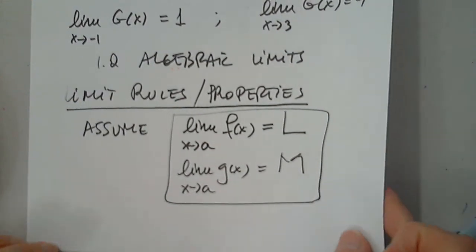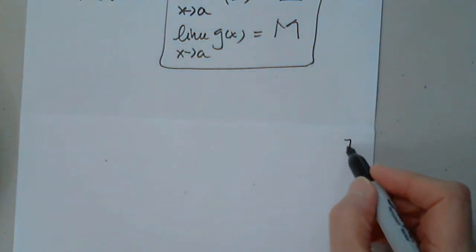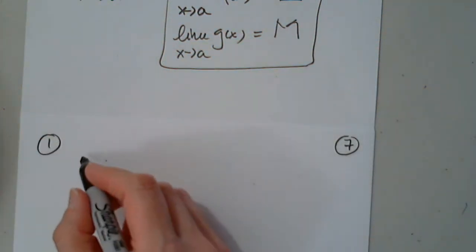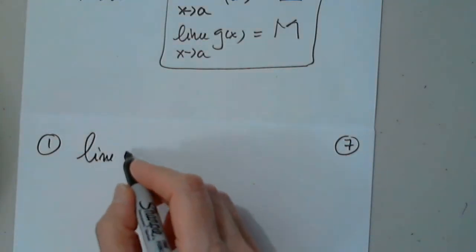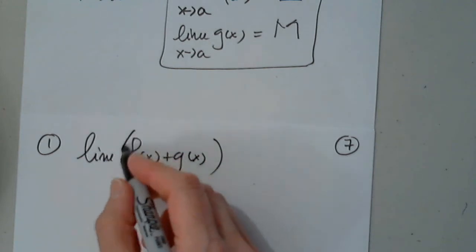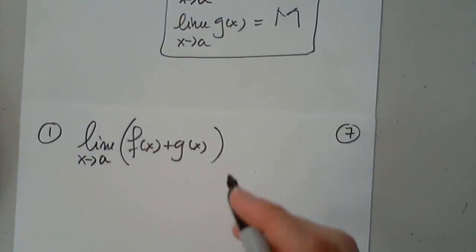So now, here's our first property. Actually, I'm going to make it together. Two properties, but in one. The limit of f of x plus g of x as x approaches a from either side. A wild guess. What do you think this will equal to?